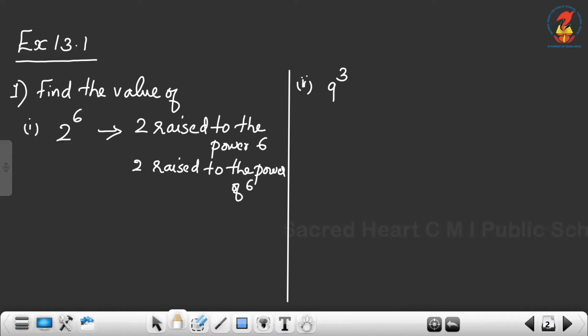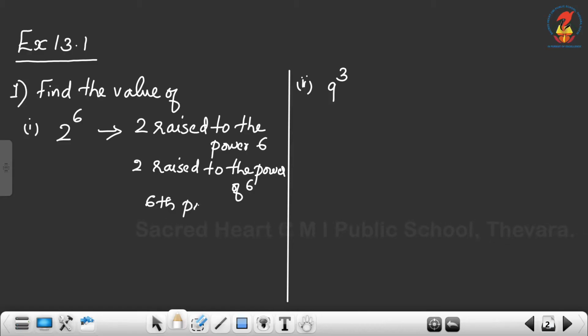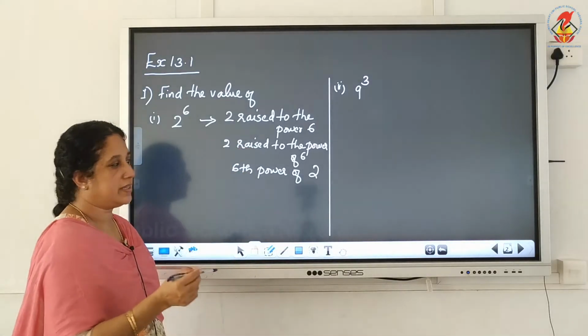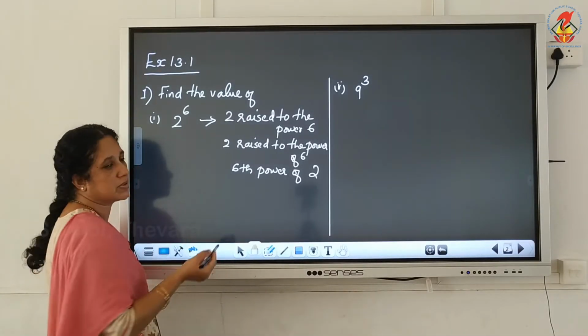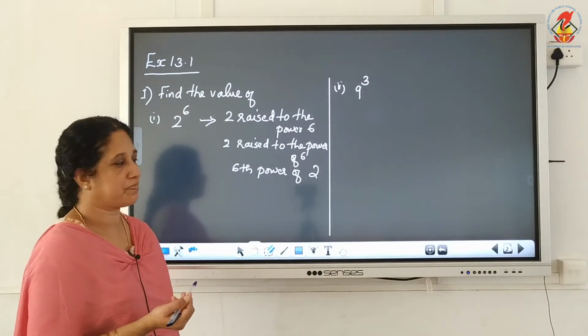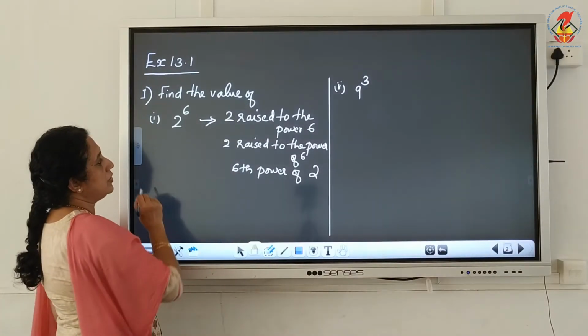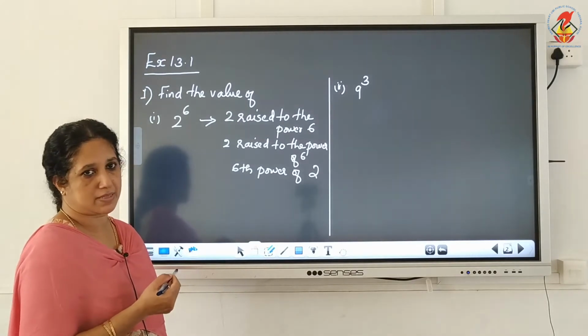Or we can say that 6th power of 2. So anyway you can read it. Usually we will read it as 2 raised to the power 6 or simply 2 raised to 6. Now find the value of 2 raised to the power of 6.